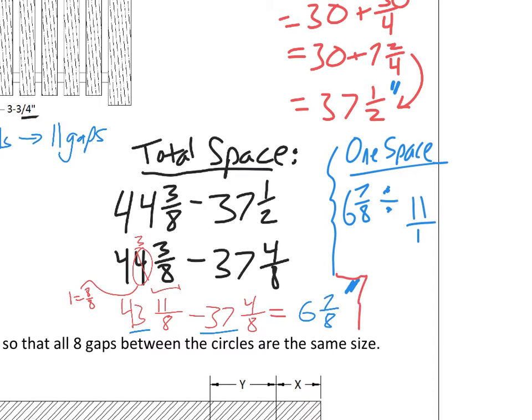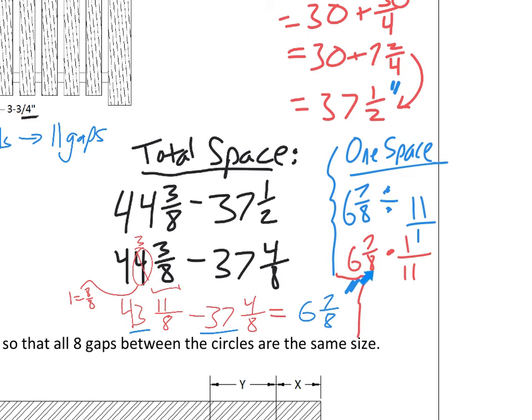It's probably been a long time since you've done this, but when we're dividing by fractions, we multiply by the reciprocal. We just flip 11 over 1 to make it 1/11. So multiplying by 1/11 is the same as dividing by 11.